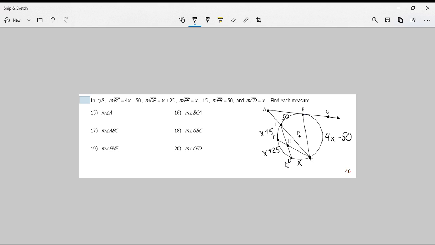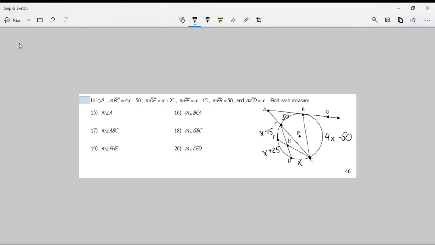Now, the first thing, before I even get to any of this, what I'm noticing is that we have all the sections of the circle: 50, x minus 15, x plus 25, x, 4x minus 50. That's the entire arc of the circle, which again we know is 360 degrees. So the first thing I would do is solve for x.